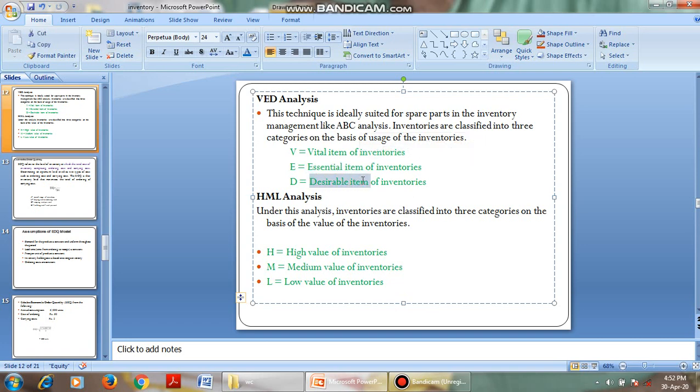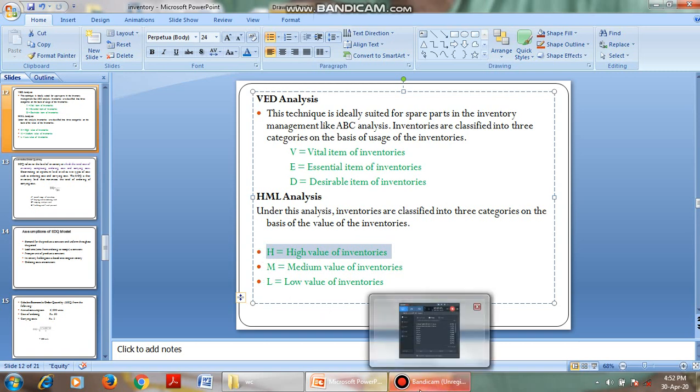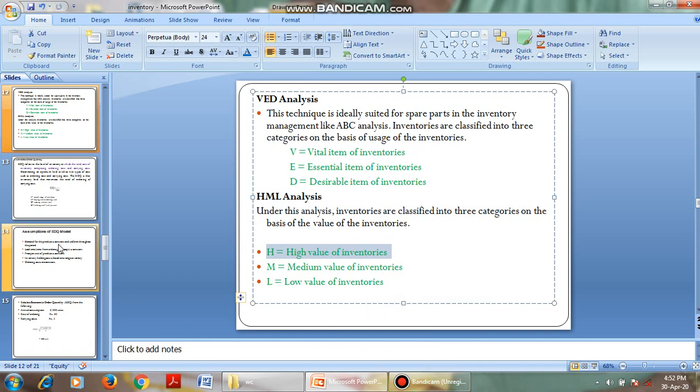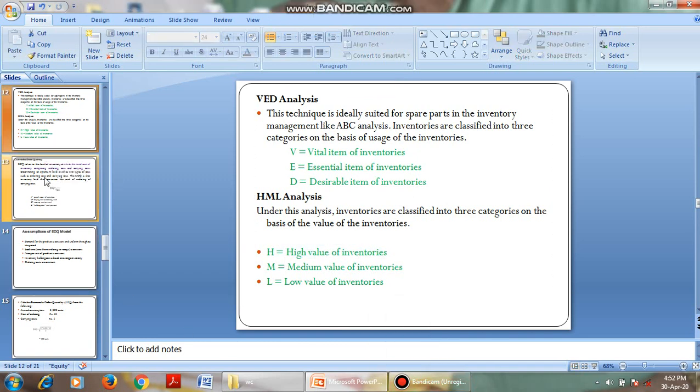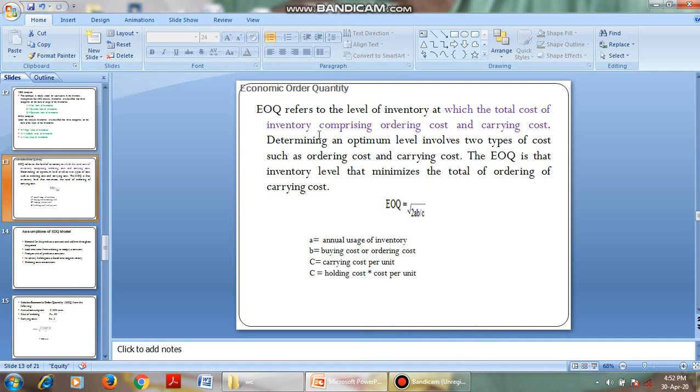Desirable: if the bike has an additional facility, it is desirable. That's all. In the same way, very important, essential, desirable. Next one is HML. It is also categorized into three different forms: high value, medium value, and low value inventories. Okay.